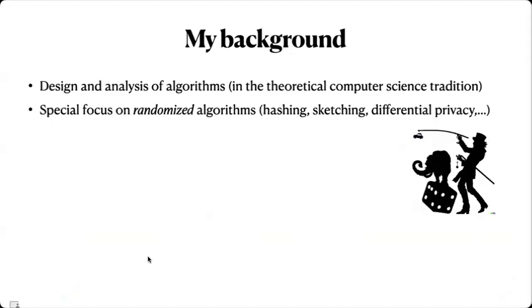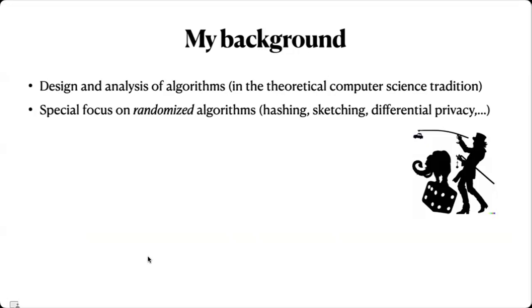So before we start, I wanted to say a little bit about myself, just to make sure that you understand where I'm coming from. I did my PhD in theoretical computer science, in particular in design and analysis of algorithms. I started specializing in randomized algorithms. I did my PhD on design and analysis of hashing-based dictionaries.